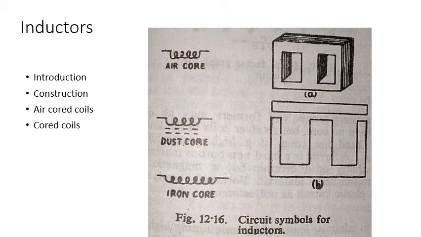The inductance value of an inductor is generally determined by the square of the number of turns of wire used, the cross-sectional area of the core, the relative permeability of the core, and the closeness of the winding turns. Right? Now we'll see the air core coils and core coils one by one.